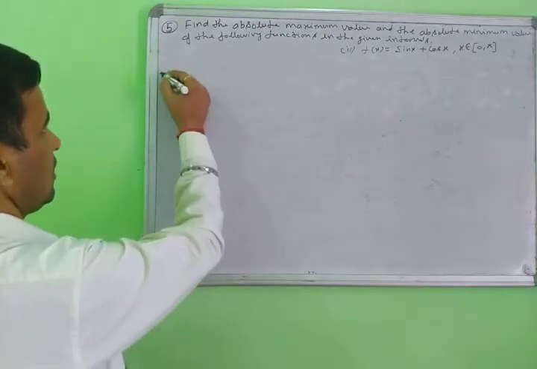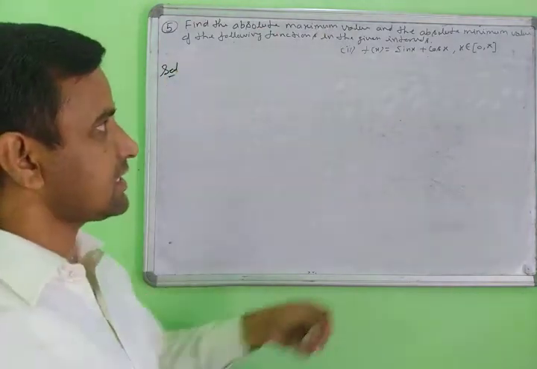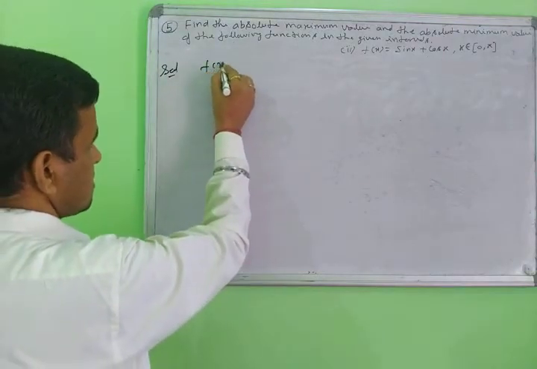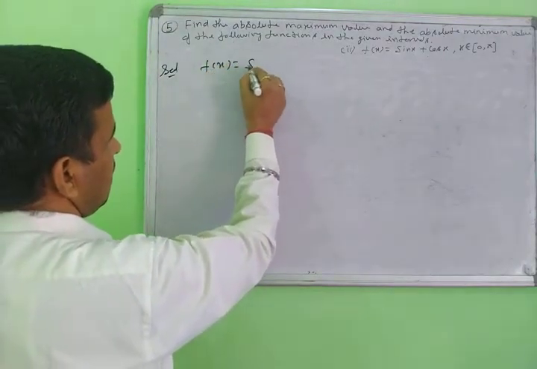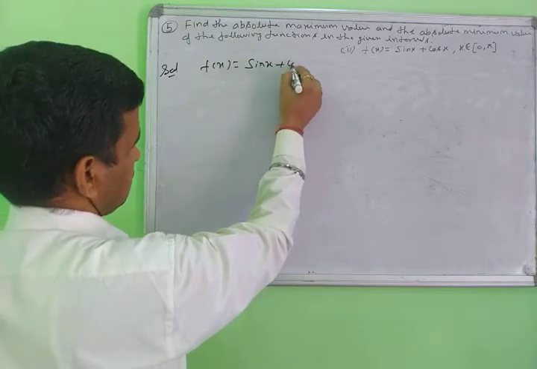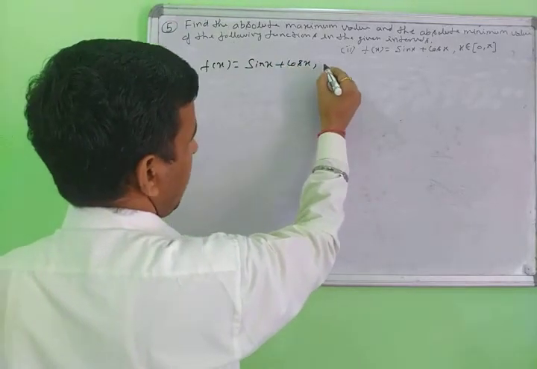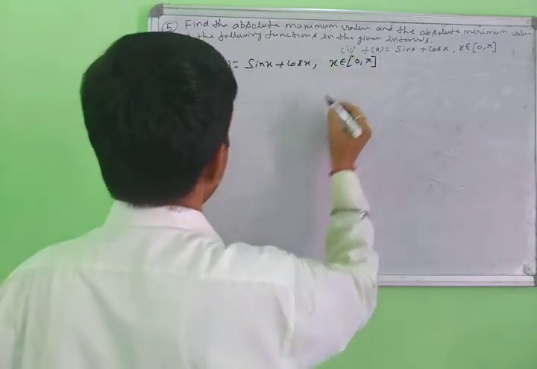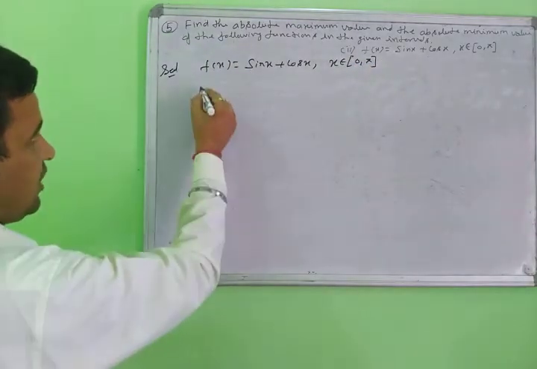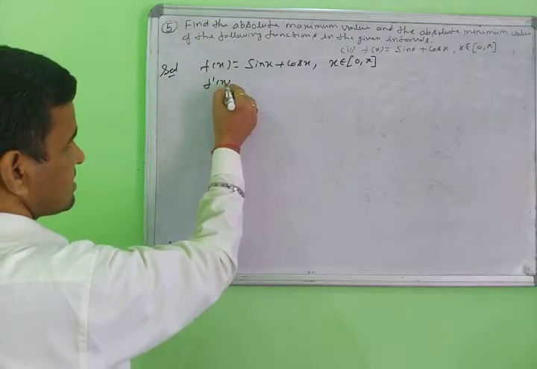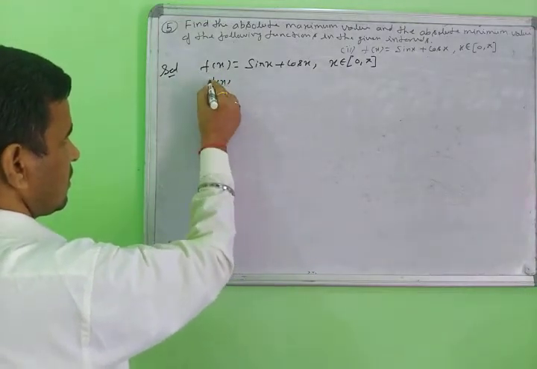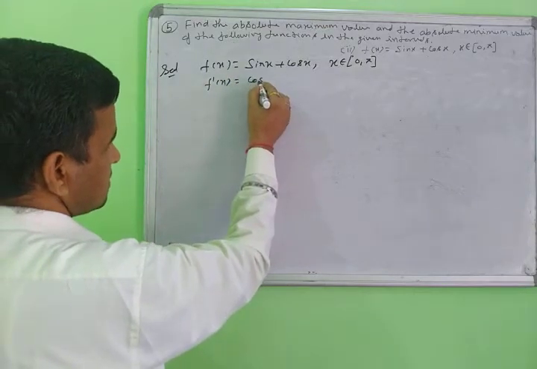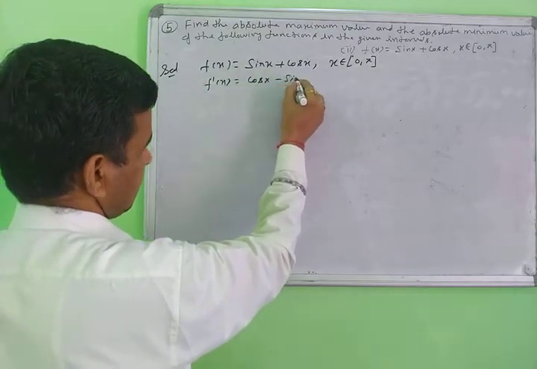Now start the solution here. This is a trigonometric function. Now f of x equals sin x plus cos x, and x belongs to the closed interval 0 to pi. Now look here, first differentiate: f dash x equals cos x minus sin x.